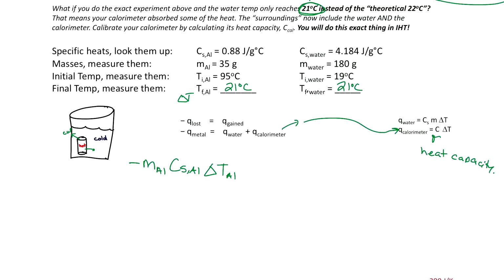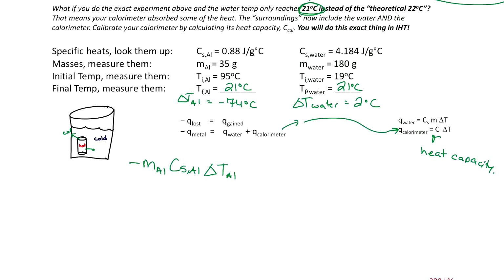So what is this? Final minus initial. So for aluminum, it's 21 minus 95. So your aluminum lost 74 degrees Celsius. Do we agree? Yes. Okay. Your water gained what? 2 degrees Celsius, because final is 21, initial is 19. So it gained 2 degrees Celsius.